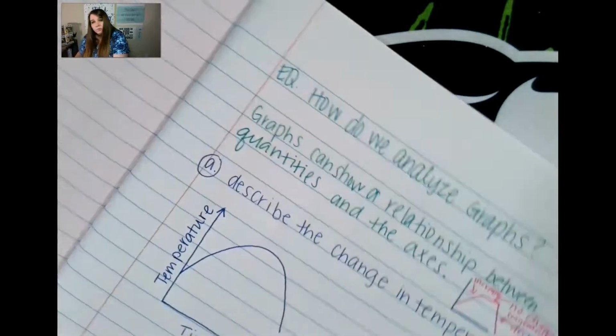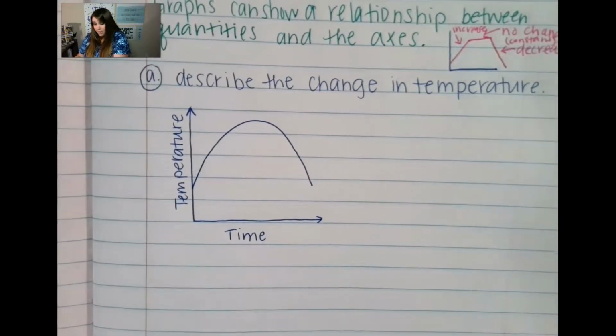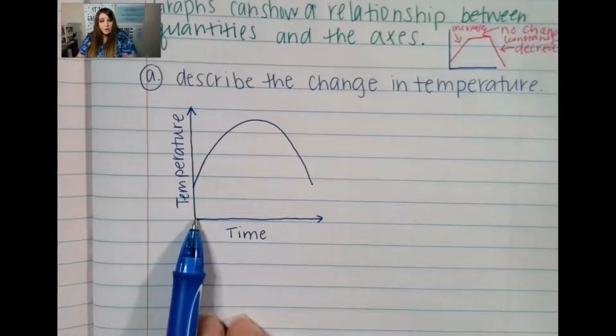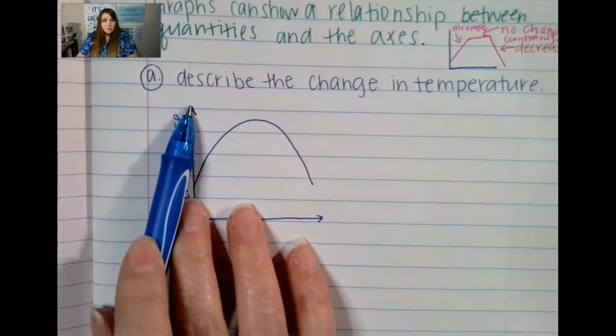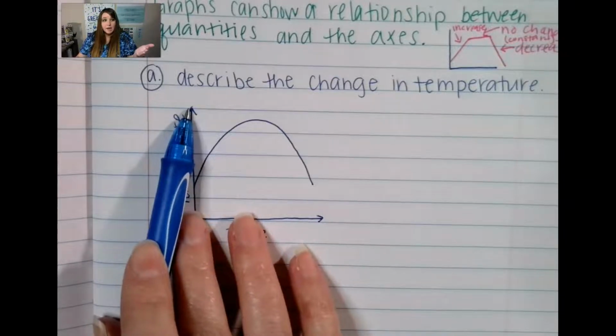All right, when we're reading graphs, we know that when we start at the origin, the temperature then possibly could be 0. And then as we move up the y-axis, we know that our numbers are getting bigger or they are increasing, right?